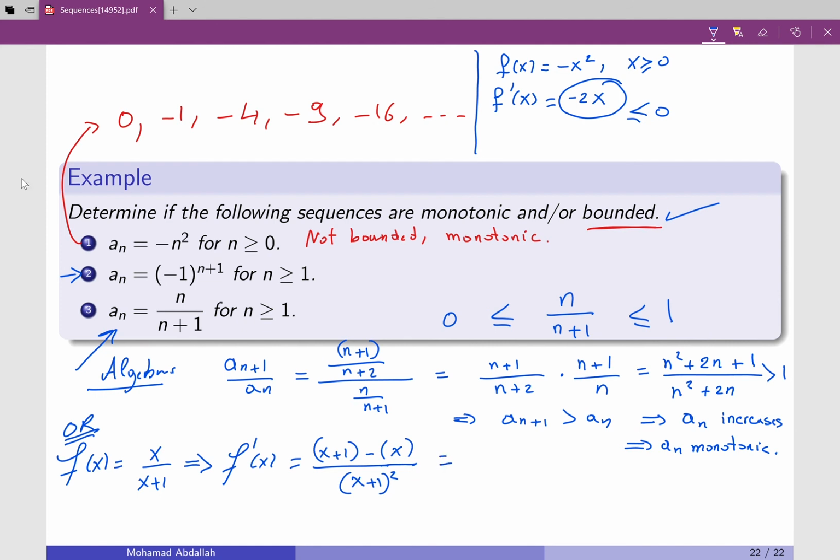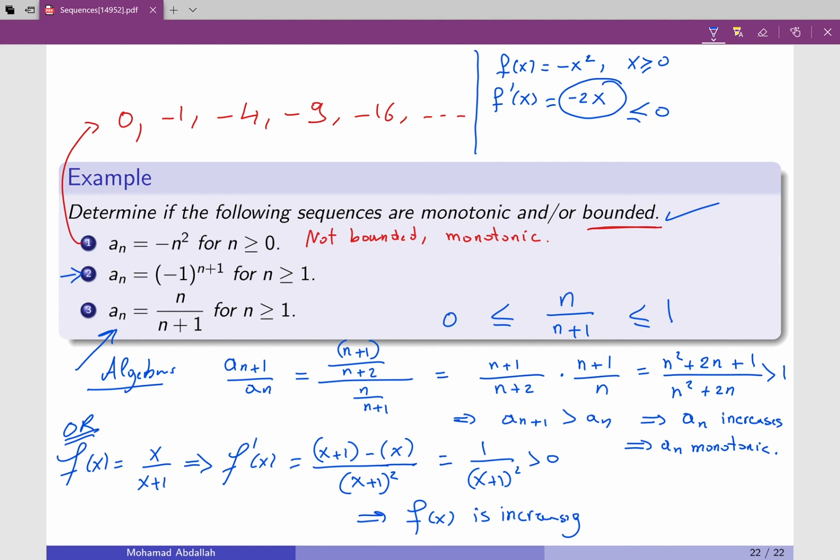If you do the algebra here, this is going to be just 1 over x plus 1 squared. That's positive. So then f(x) is increasing. If f(x) is increasing, that means that the sequence is increasing as well. And then it's monotonic.